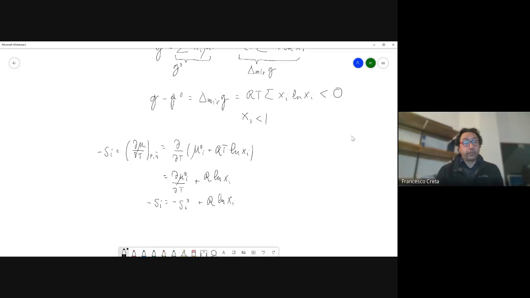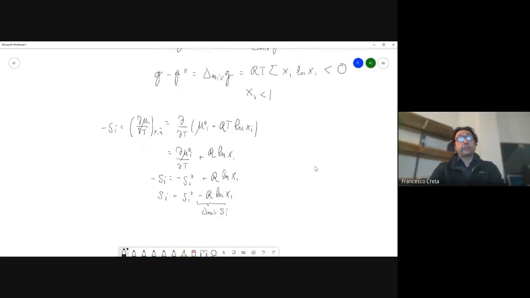So in fact, we should change sign here: minus R logarithm of xi. So this, with the minus sign, is the delta mix of Si.